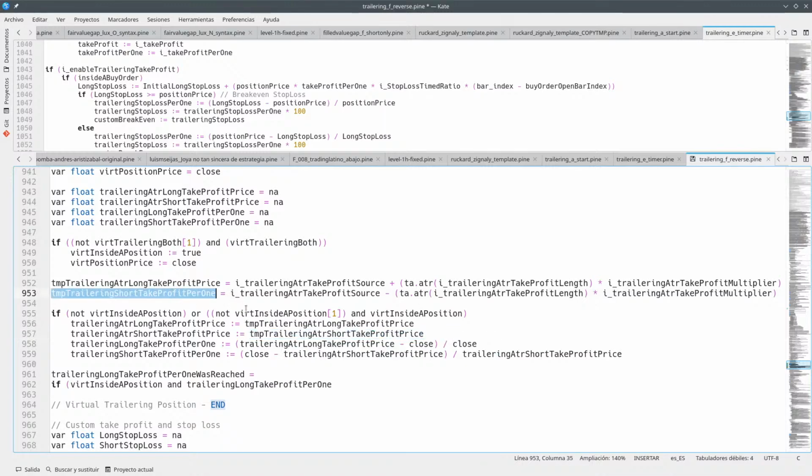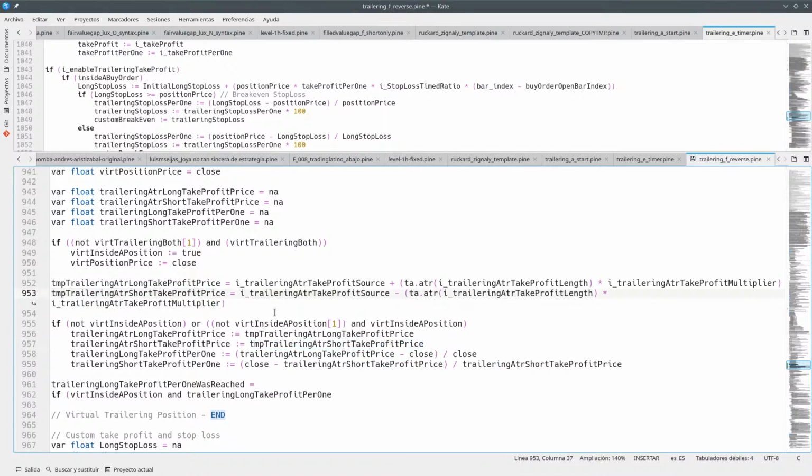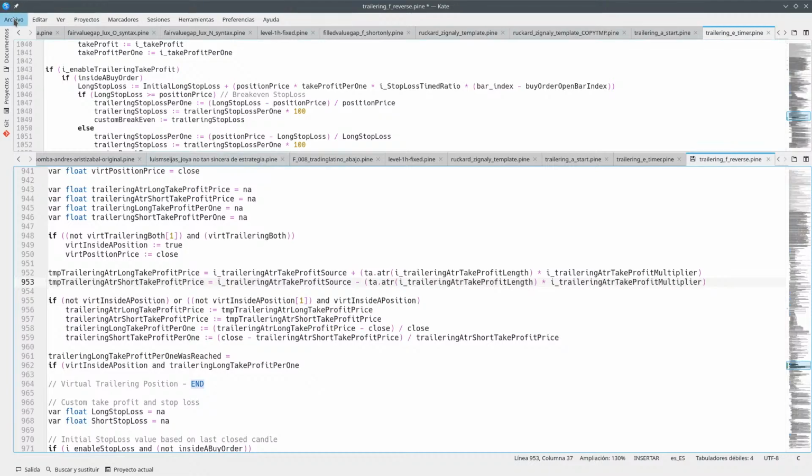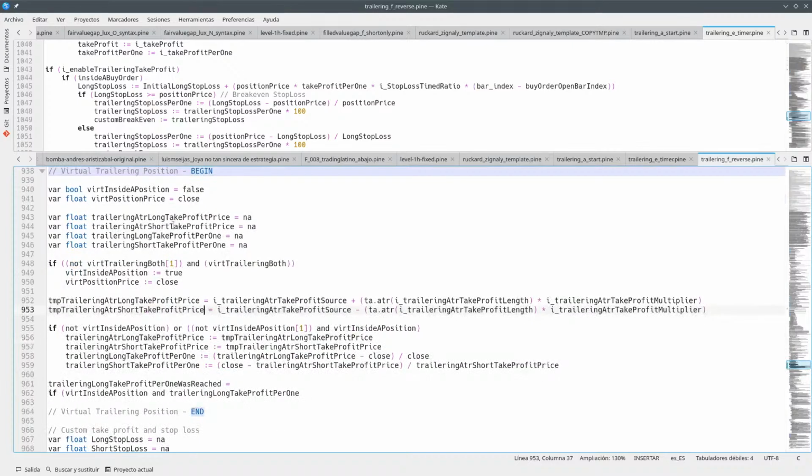This should be this one here. Okay, so let me check this again because these are a lot of changes. So these are the usual ones, trailing intake per one and per one, just in case we use them later, which I'm not sure we use them later, if you ask me.